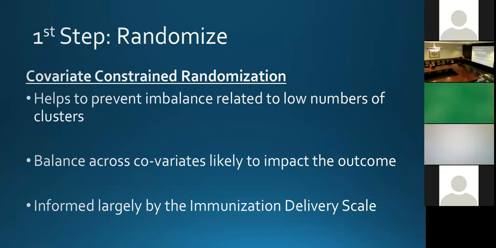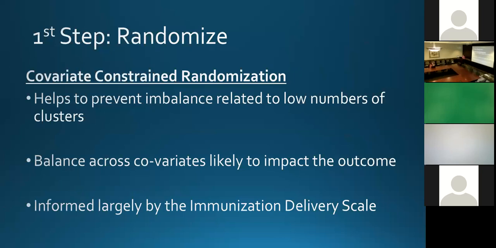For example, the proportion of OB versus GYN patients, or the proportion of patients who are on public health insurance versus private. And so what covariate constrained randomization does is actually a statistical process that allows you to pick out a few variables that you think are really key for potentially affecting your outcome that you're interested in, and allows you to balance them across arms in a way that's fairly random and doesn't introduce bias into your randomization.